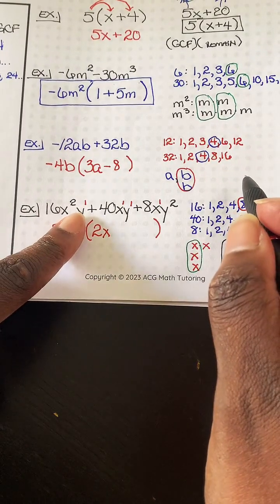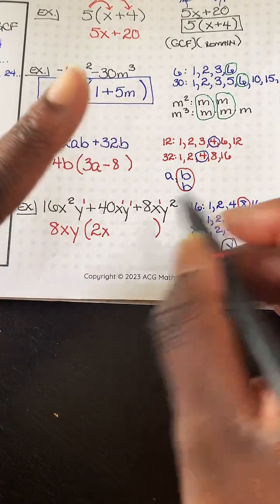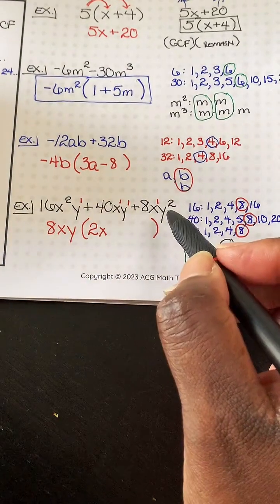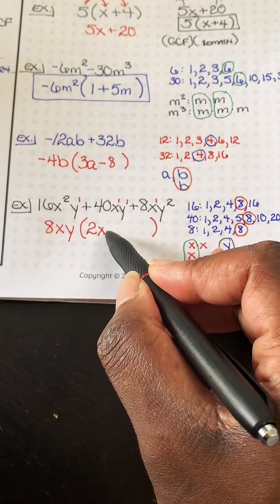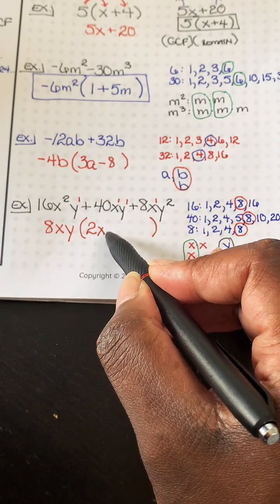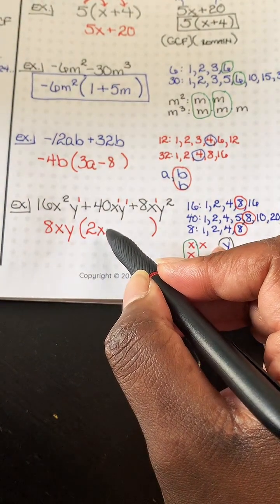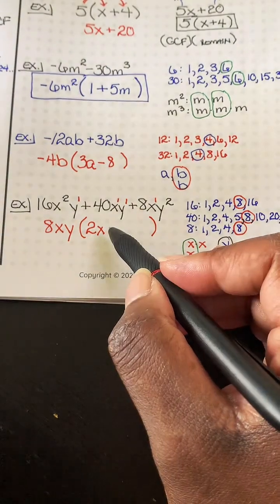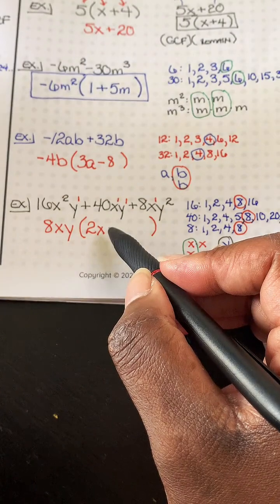You have 1 y, you pull 1 y out. You don't have any y's left, so you don't have to write the y. Even y to the 0 power is being extra. If the y's are gone, they're gone.